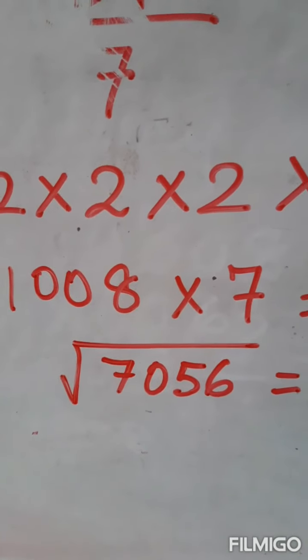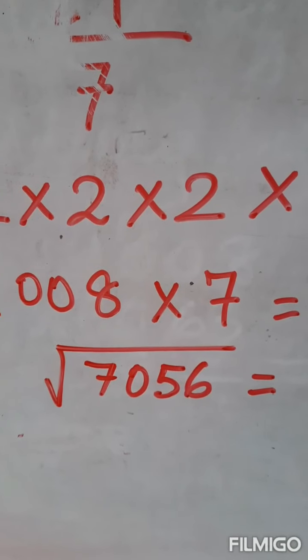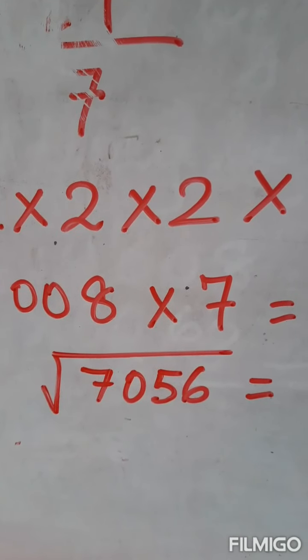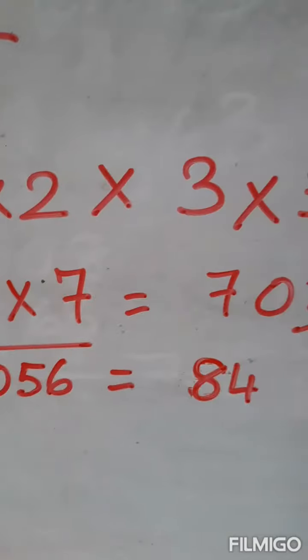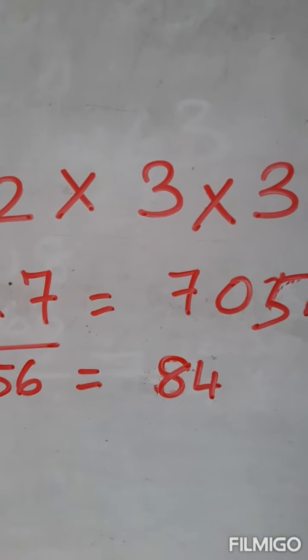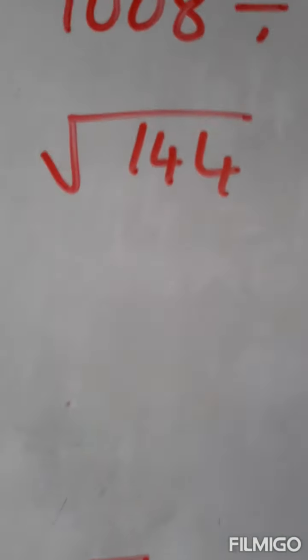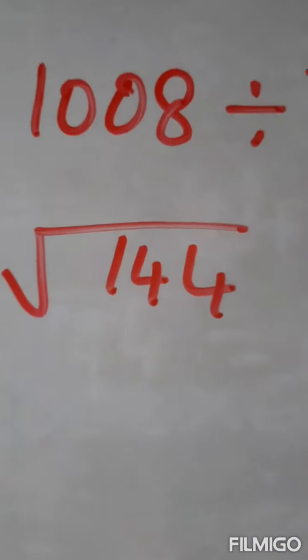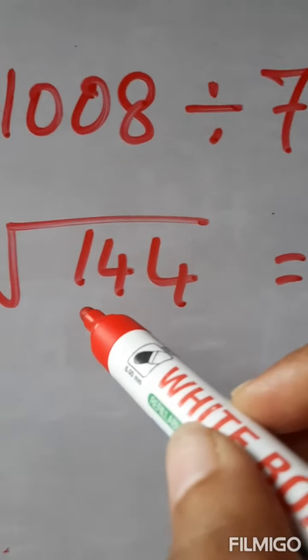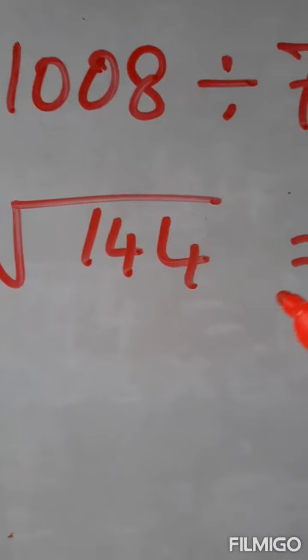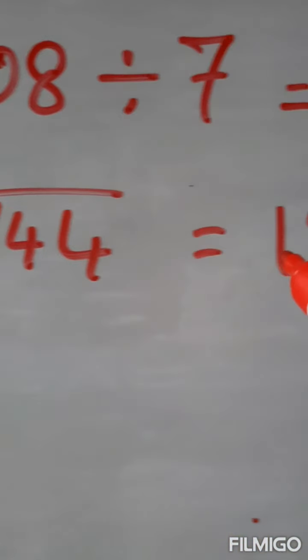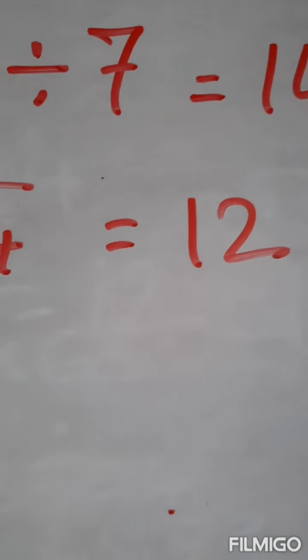When we find the square root of 7056, we get 84. Again, if you divide 108 by 7, we get 144, which is also a square number, which is equal to 12.